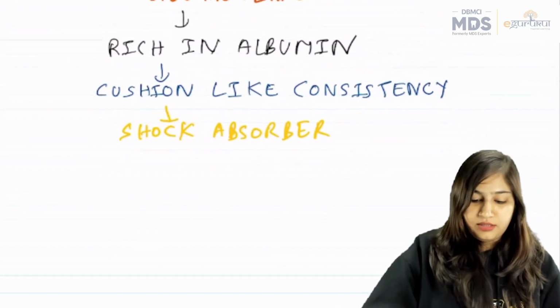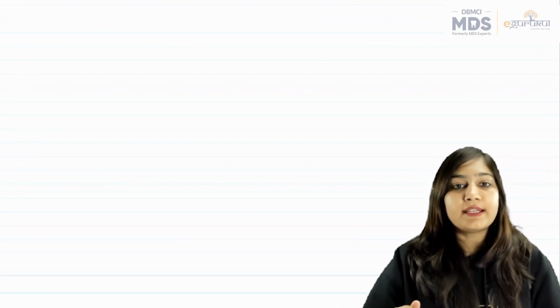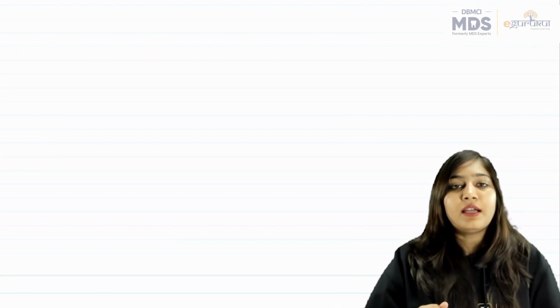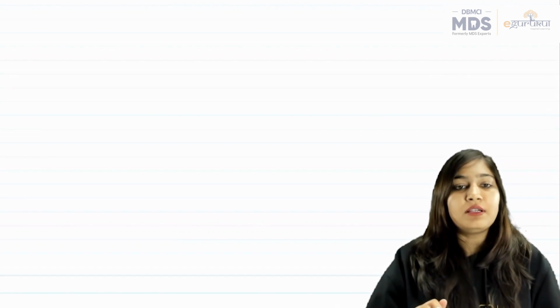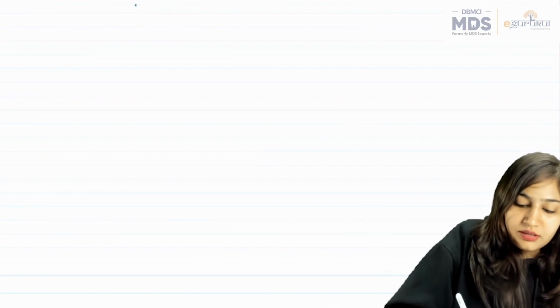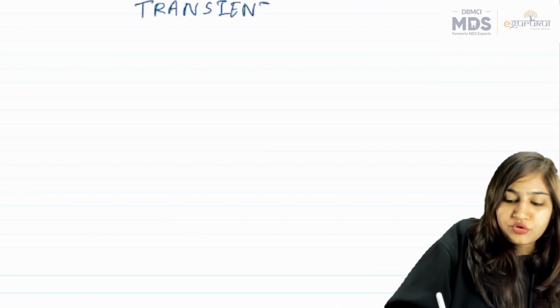Now, some transient structures are also present in the cap stage. Transient means temporary, they disappear before enamel formation.